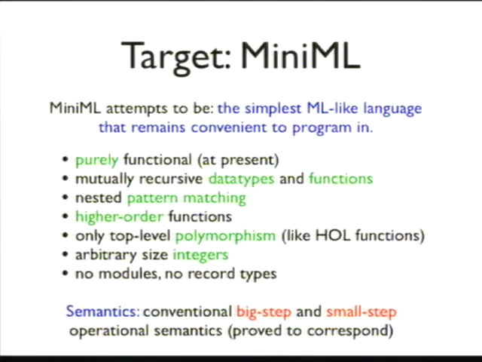It currently is purely functional, has mutually recursive data types and functions, pattern matching, higher order functions, polymorphism, not let-polymorphism, but HOL-like polymorphism, arbitrary size integers, no modules, no record types, and no tuples, which I could add, but you can do that with the data types. For the semantics, we have big step and small step. We prove that they correspond both when they terminate, the values correspond, and they also agree on when programs don't terminate.